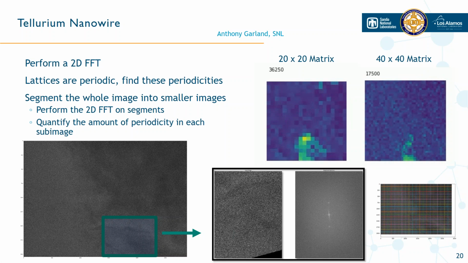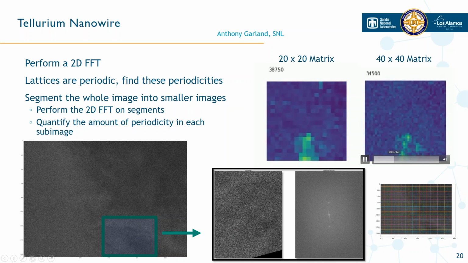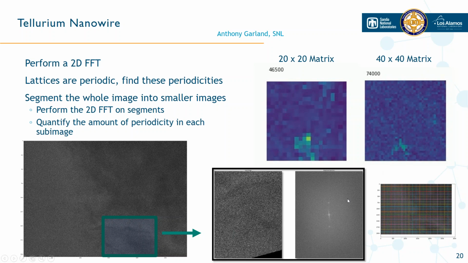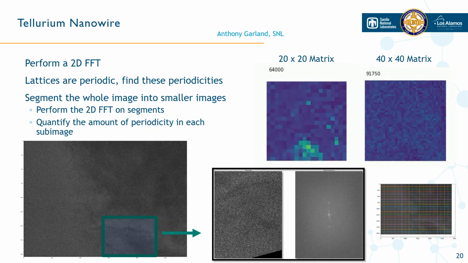So the video is cut down into a matrix, and then each of the different segments of the video was observed, where we performed an FFT to look at a periodic structure, and then to identify, as the video plays, where those periodic structures show up.